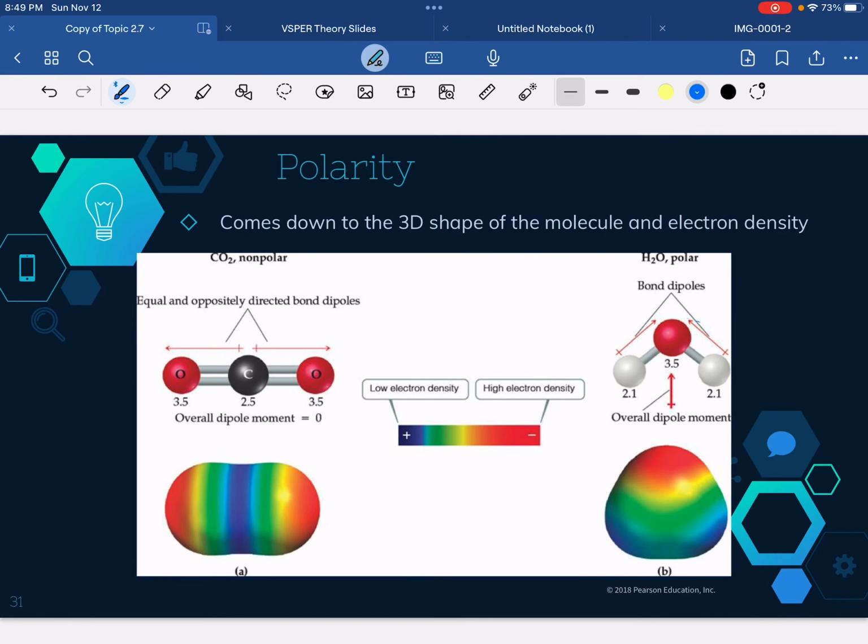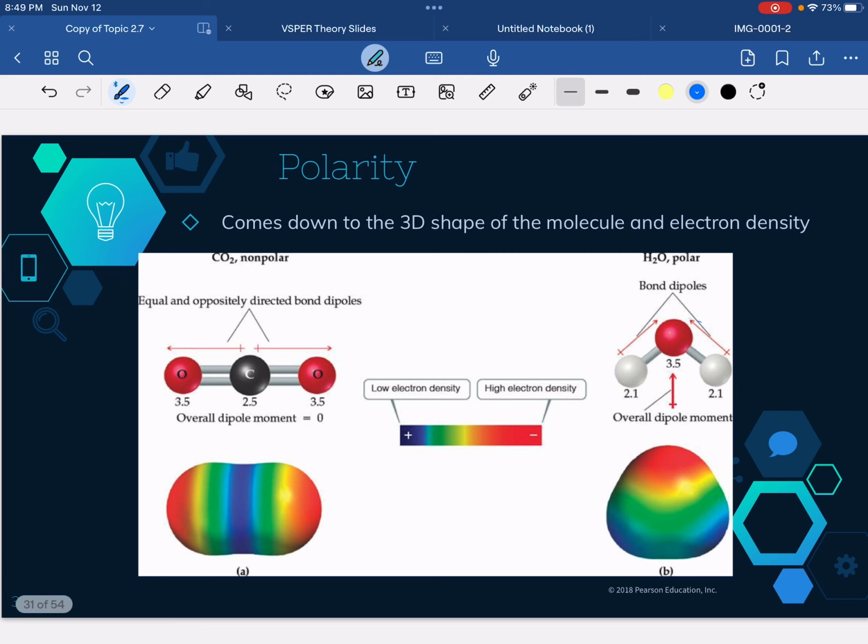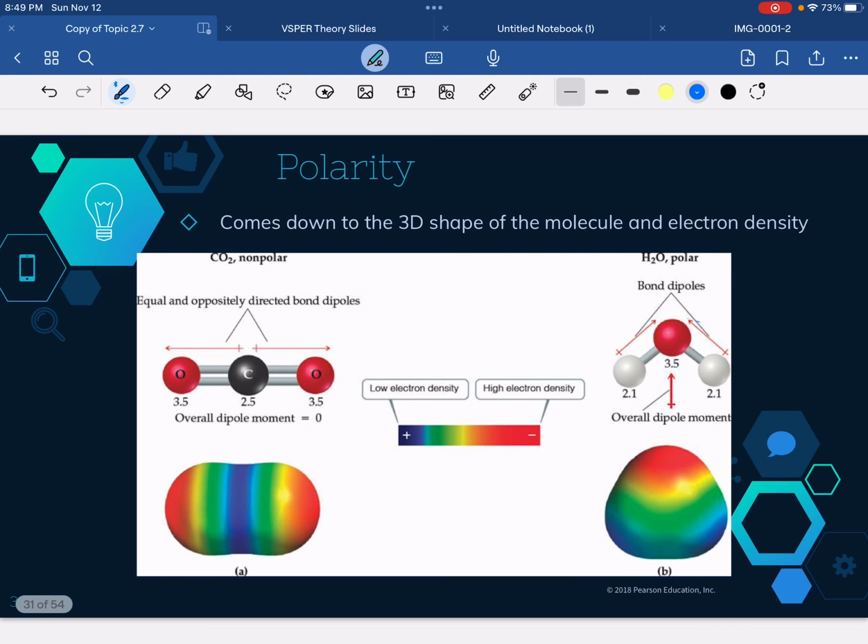Polarity comes down to the shape, and where the electron density is. And that electron density can give an overall dipole to a molecule. If we look at carbon dioxide, it is nonpolar. Why is it nonpolar? It does have polar bonds. Look here, we can see that there is a difference in the electron density.